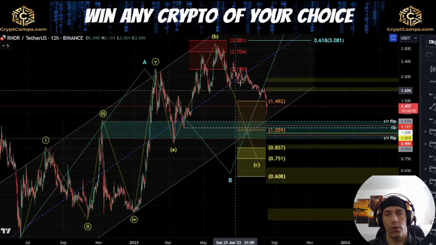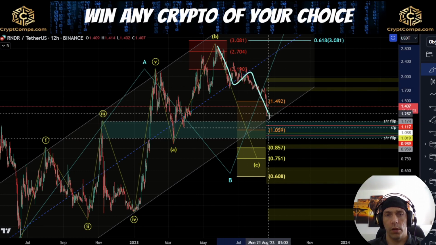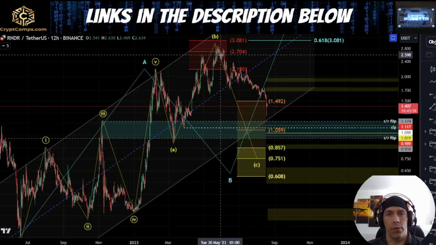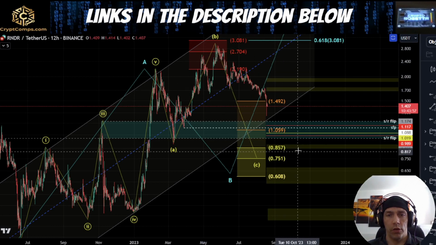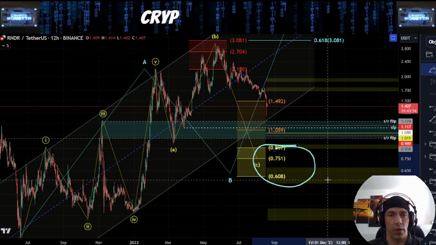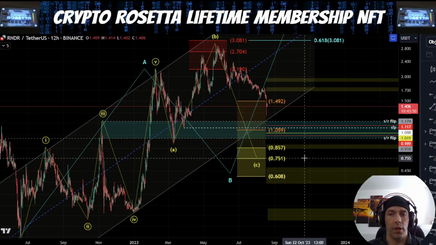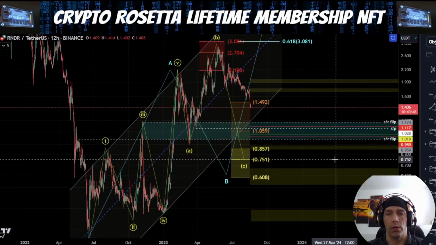The thing is, internally here, it is difficult to count this as a 5-wave move currently, so if this is going to become a bigger 5-wave structure, we're looking for this lower target box area over here between this 85 cents and the 60 cents level. So I will be keeping an eye on that if we do continue to break to the downside.